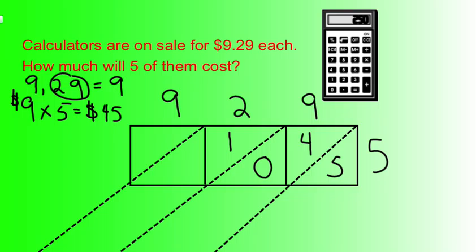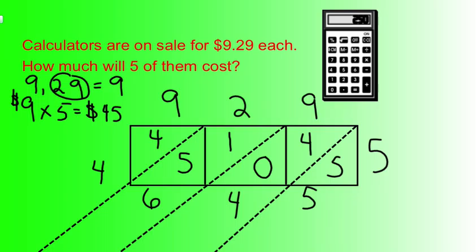And 9 times 5 again is 45. Okay? And now we add horizontally. We get 5 drops down. 4 plus 0 is 4. 1 plus 5 is 6. And 4 drops down. And what we're left with is, I'm going to write it up here at the top.